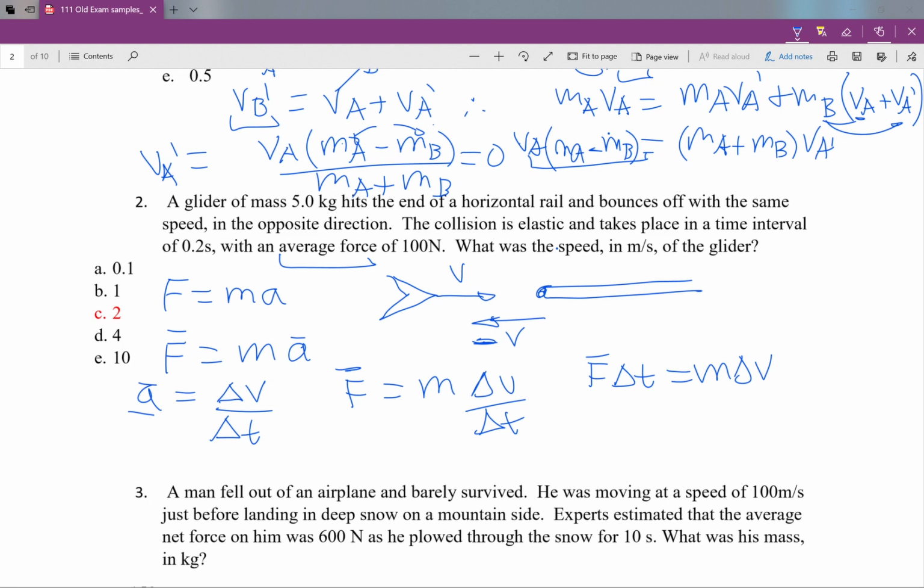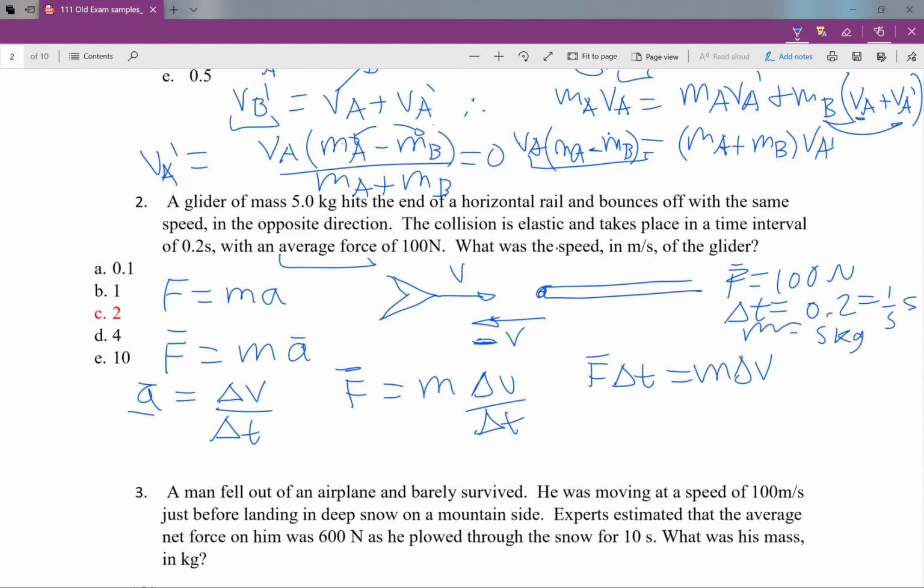Now, we know that F bar equals 100 newtons. The interval of time is 0.2, or 1/5, seconds. And the mass is 0.5 kilograms.